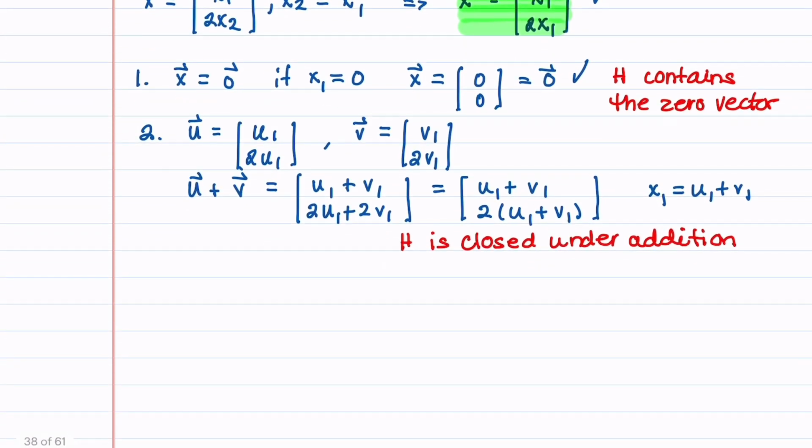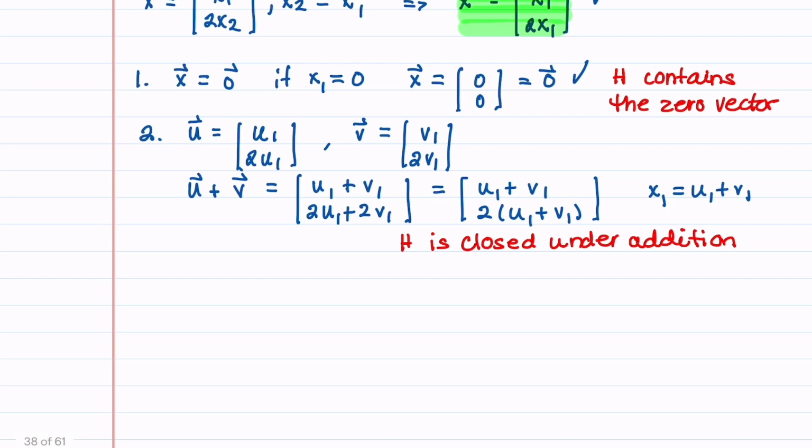Now let's check our third condition, closure under scalar multiplication. This one's actually easier than checking for closure under addition. All we have to do is take a scalar c and multiply it by our vector u that we created in step 2. So this becomes c times u1 and then c times 2u1.